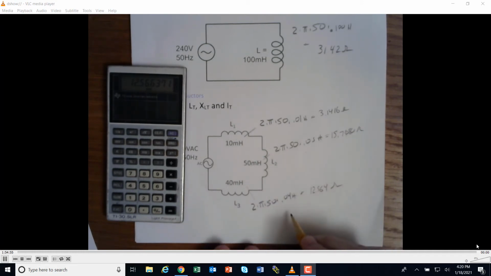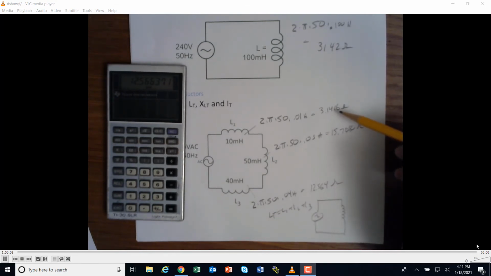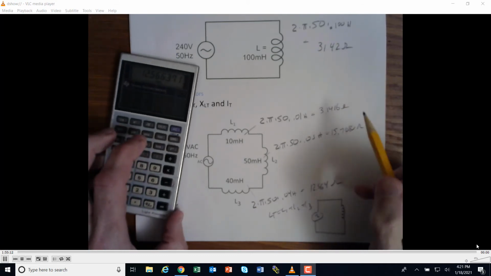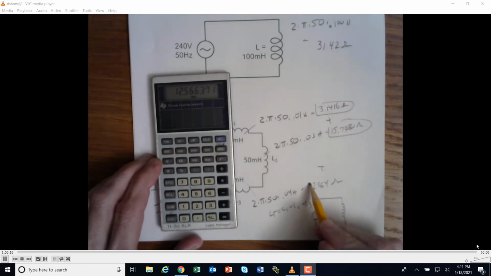We talked about that when they're in series like this, we can just add these inductances. So we could have had L total is L1 plus L2 plus L3. And so we would be simplifying into a single one right here. So we can take all these and add them up: this one plus this one plus this one, okay?